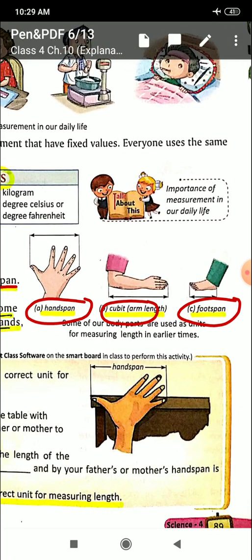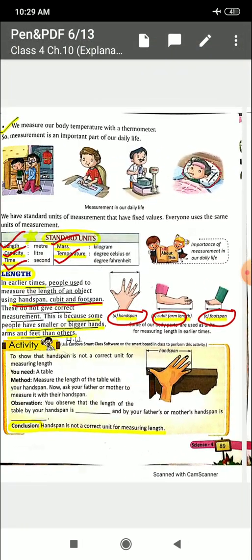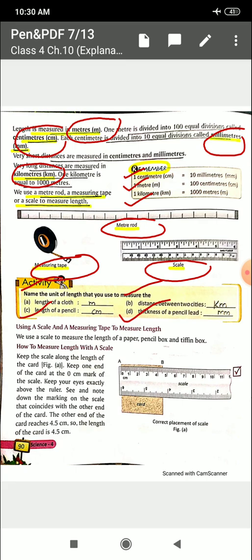Handspan, cubit and footspan. After that, the standard or fixed units to measure length. The four units are millimeter, centimeter, meter and kilometer. And then the instruments to measure length: meter rod, measuring tape and scale.